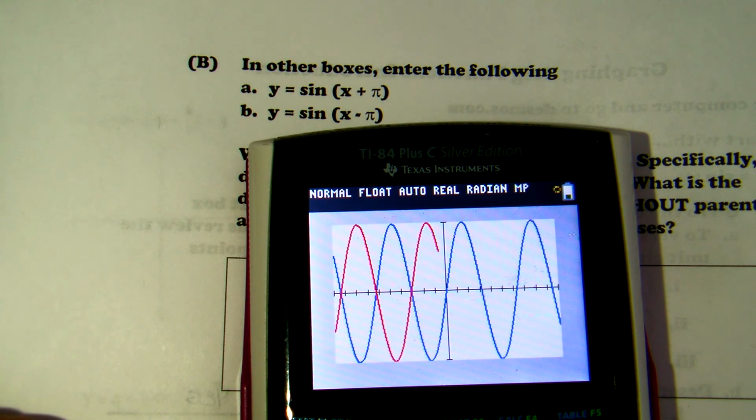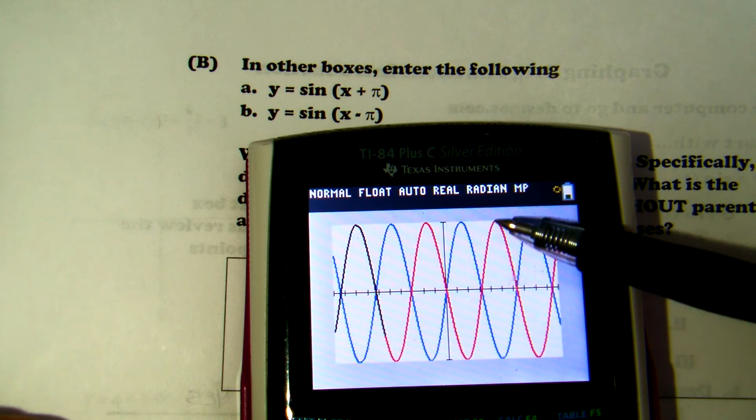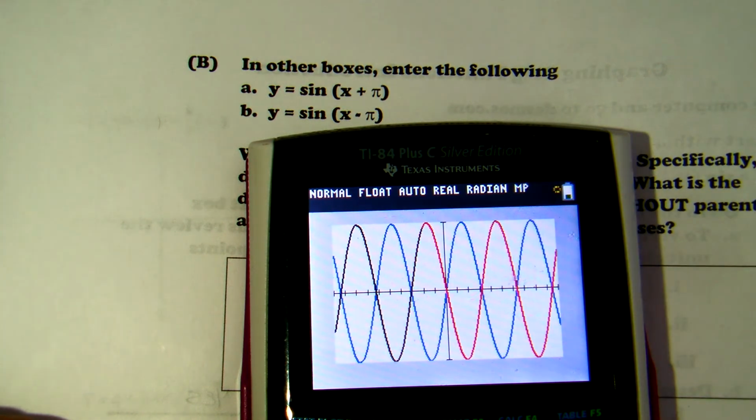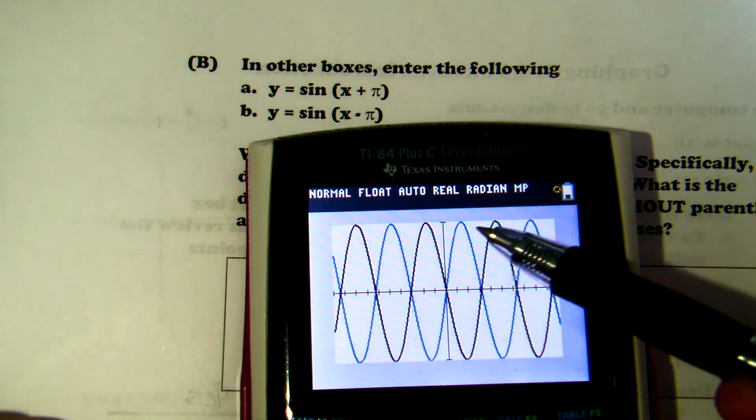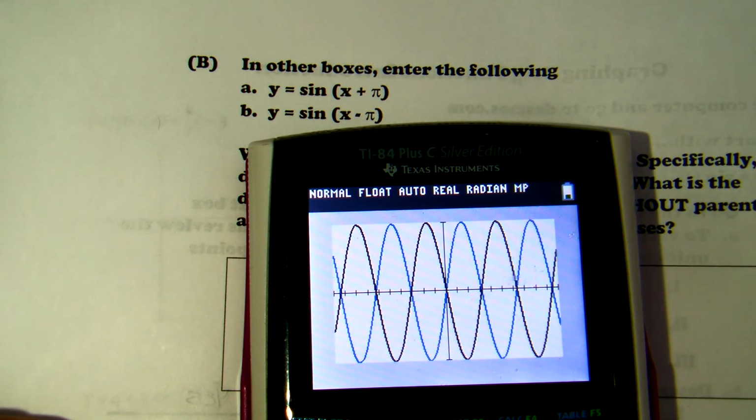And then you'll notice it's the exact same, but it's been moved over. Two things: one, they're the same function in case you didn't notice. But here's where sine x popped out, and here's where both sine x plus pi and minus pi. So they shifted over. One is shifting to the left, one is shifting to the right.